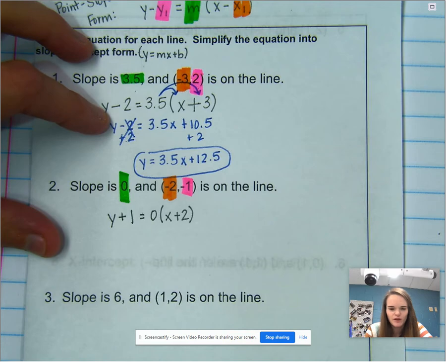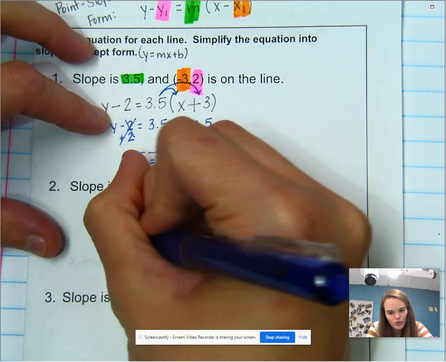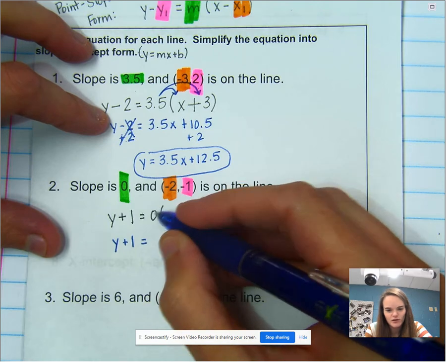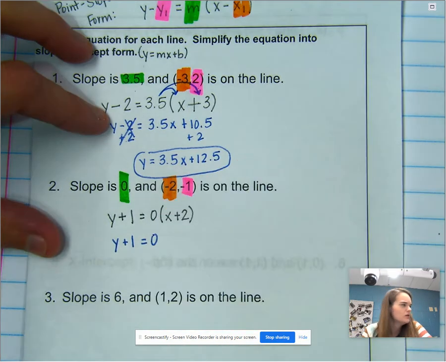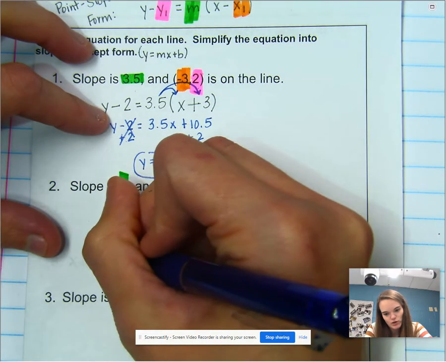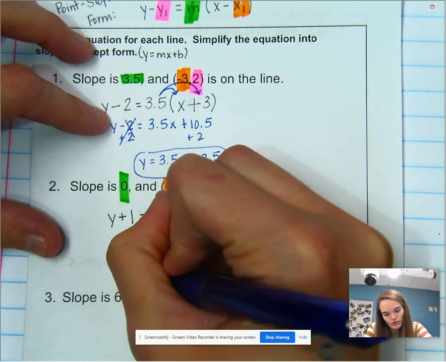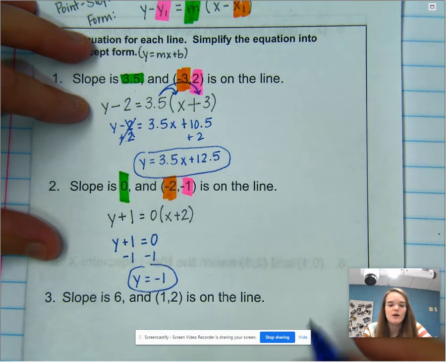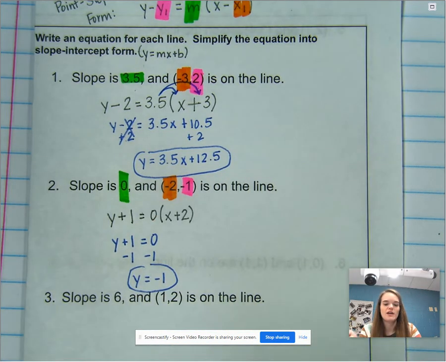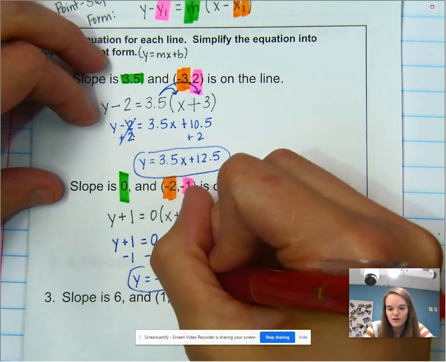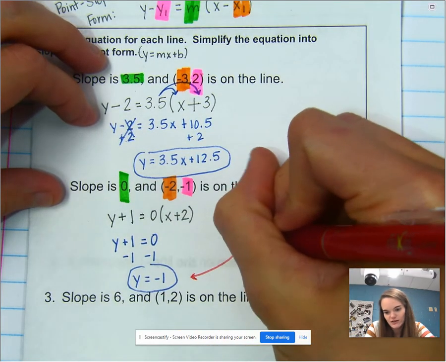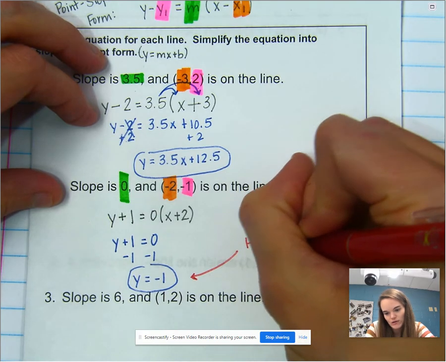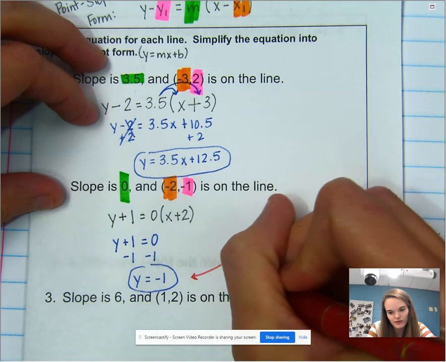Okay, distribute. Y plus 1 equals 0 times x is 0, 0 times 2 is 0. It equals 0. Subtract 1. Y equals negative 1. Anytime you have y equals a number with no x, that is actually a special case. It is a horizontal line. So it just looks like this.